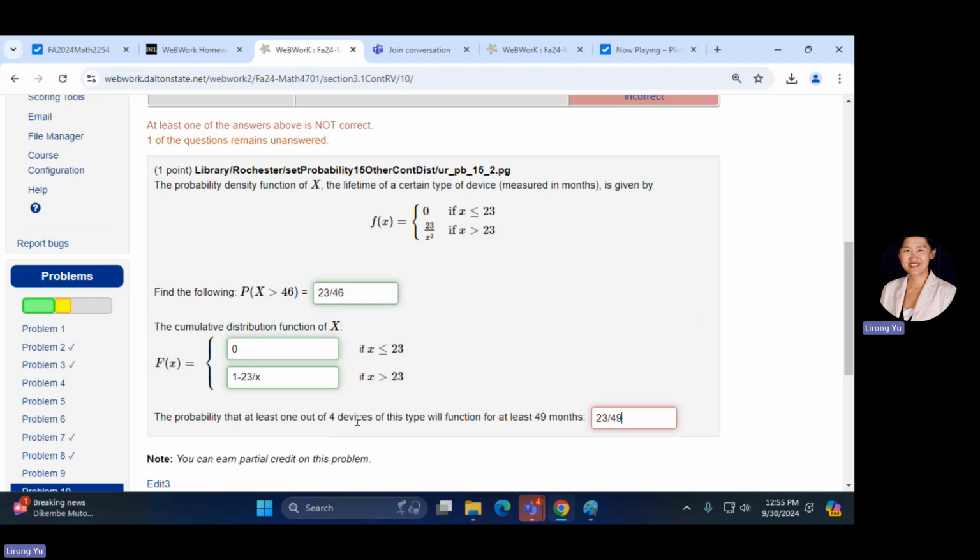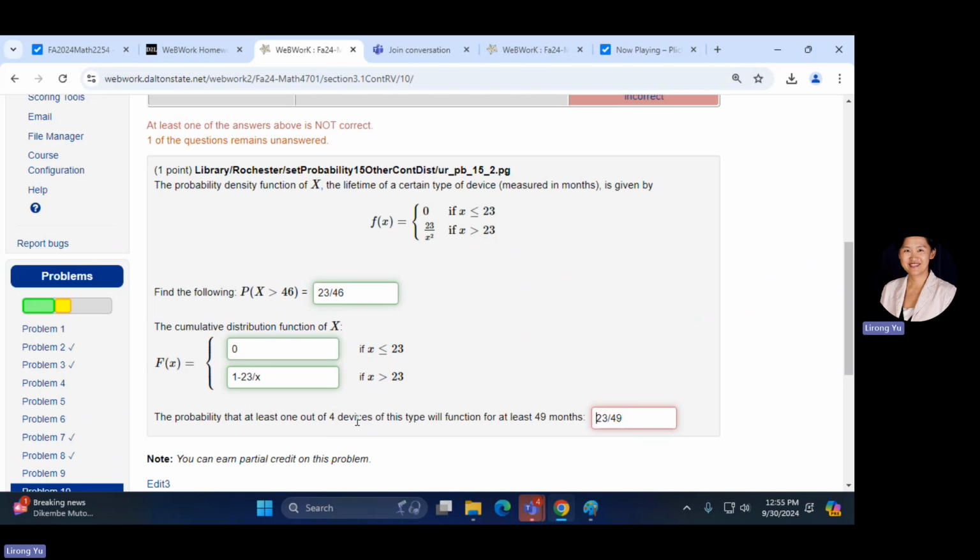That's not everyone lasting that long, it's some of them lasting that long, right? At least one. So to calculate at least one, we should calculate the opposite. The opposite of at least one of them lasting 49 months is none of them lasting at least 49 months, right? So we calculate the opposite.